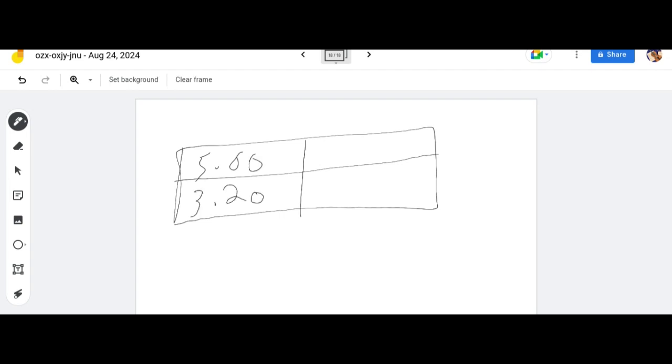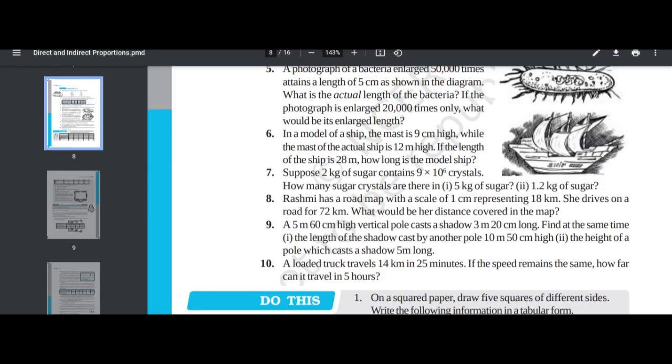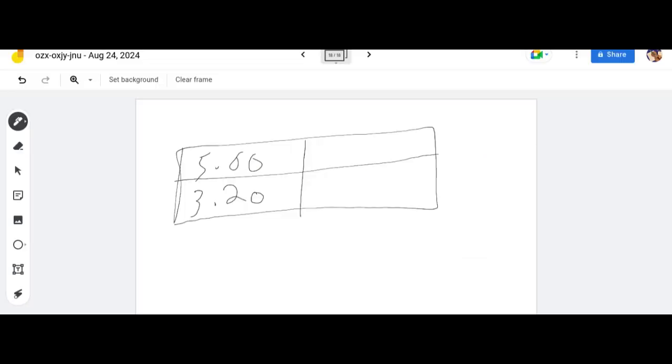In the second picture, they gave us the length of the shadow. How much is the length of the shadow? 5. Did I have the height of the pole? No. It means that I have to find x1. So 5.60 divided by 3.20 is equal to x1 by 5. Do I have to do the cross multiplication here?